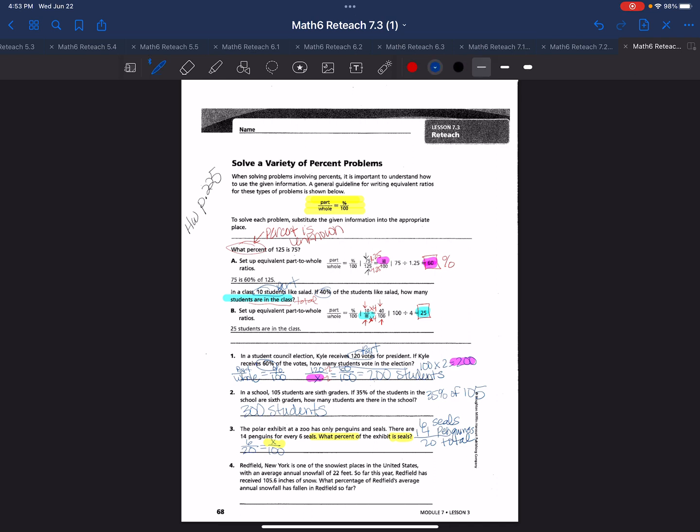So 20 times what is 100? 20 times 5. So I know if I do that to the denominator, I must do times 5 to the numerator. So I know that 6 times 5 is 30. So 30% are seals.